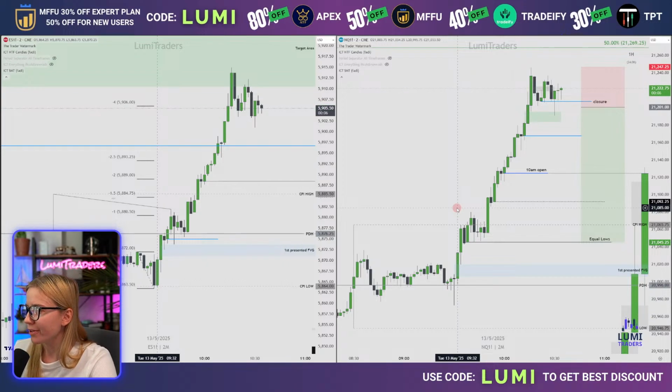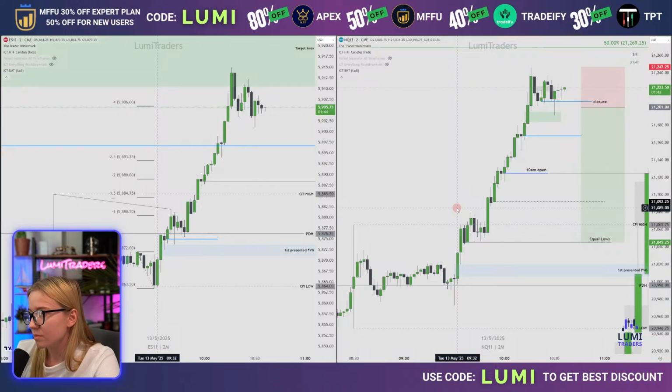Only like SIM funded accounts, like Apex, for example. And I didn't have the name. It's not my model. It's not my setup. It just opens, high, low, close.